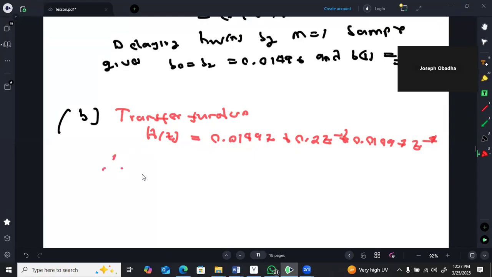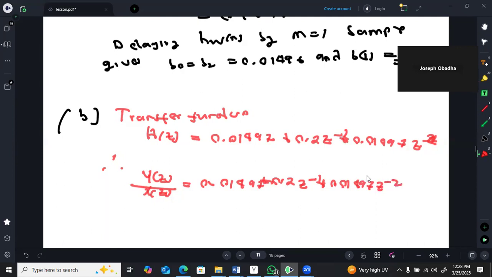Therefore, Y of z over X of z equal to, oh, sorry, this is z minus 2, equal to 0.01497 plus 0.2 z minus 1 plus 0.01497 z minus 2.